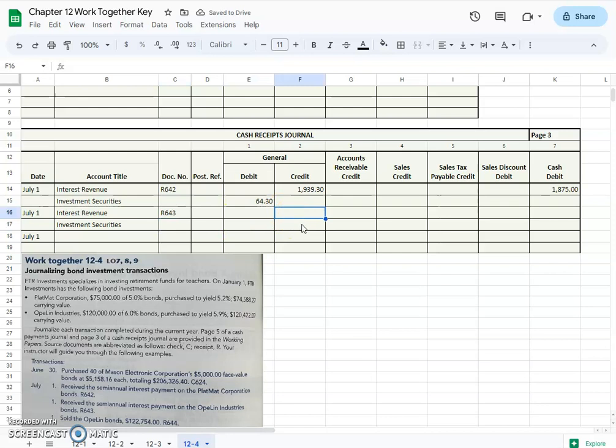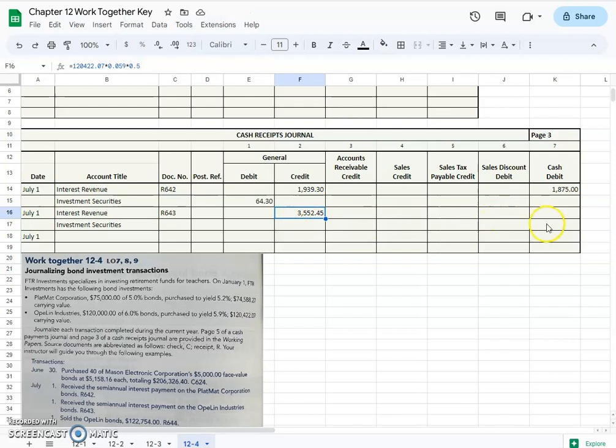Let's figure out first our interest revenue for this one. The carrying value is $120,422.07, times our effective interest rate, which was 5.9% or 0.059, times a half a year, and that is $3,552.45.